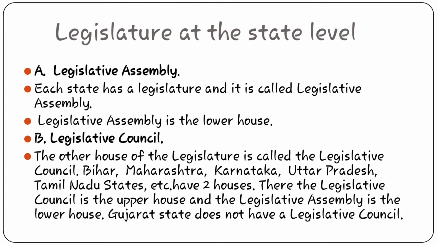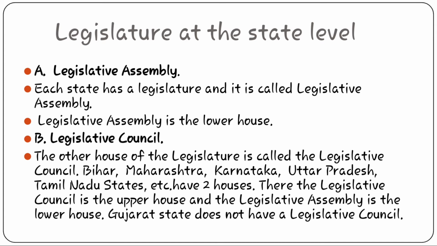Come to page number 77 of your textbook, Legislature at the State Level. Before starting this section, let me come to page number 73 for a little revision. There, under the heading Legislature, we have studied that our parliament consists of the President, Rajya Sabha and Lok Sabha, and our legislature is of two types, unicameral legislature and bicameral legislature.